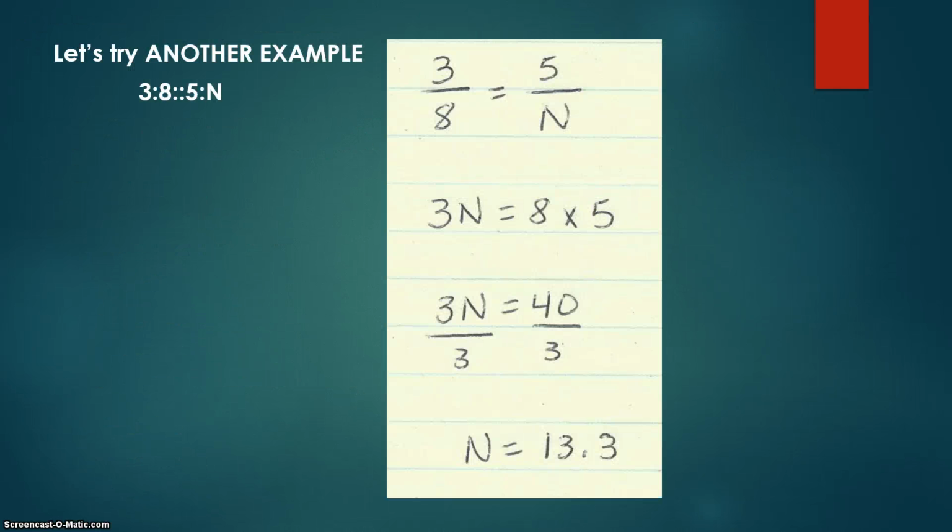All right, so let's try another example. We have 3 to 8 and 5 to n. First step is to rewrite as a fraction. So 3 over 8 equals 5 over n.